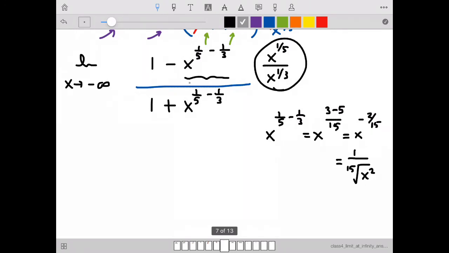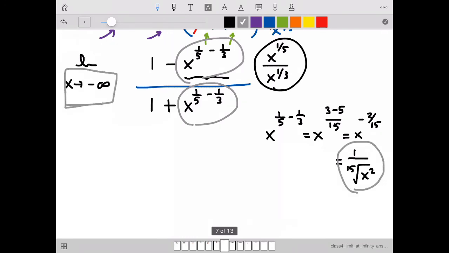So if we replace these two by that, then as x approaches minus infinity, this will go to 0, that will go to 0, that will go to 0. So we have finite limits. So by limit law, it is 1 over 1. So the limit is 1.